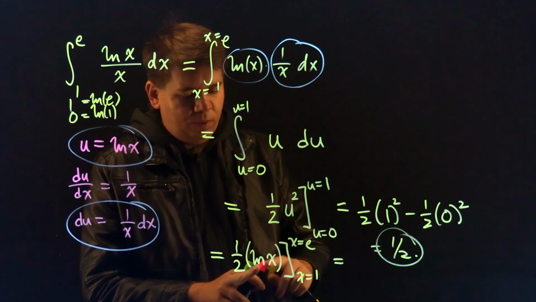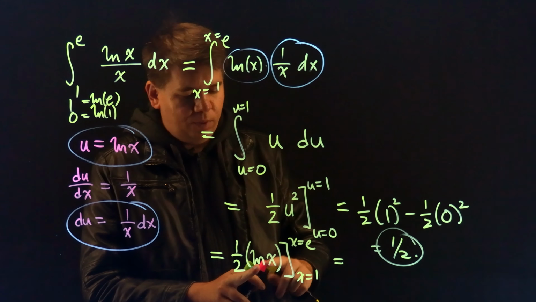Well, ln of e is just 1. So this just becomes 1/2 of 1. I'm sorry, this should be ln of x squared. It was u squared. So that's just 1/2 of 1 squared minus, and what is ln of 1? Well, that's just 0, so that's 1/2 of 0 squared. Plugging these in here is exactly the conversion we did up above. So it's the exact same answer.